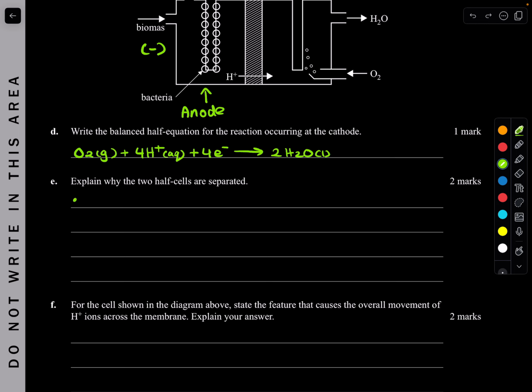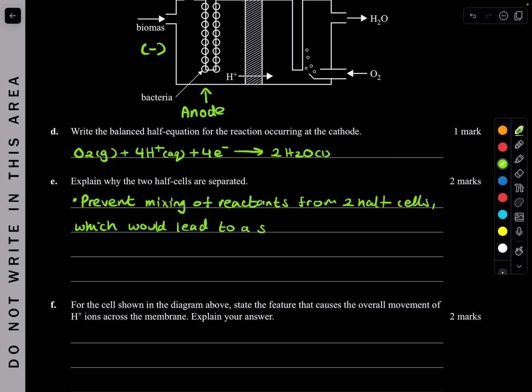So we're going to say, basically, we want to prevent mixing of reactants from two half cells, which would lead to a spontaneous reaction, dissipating as heat energy, not electrical.